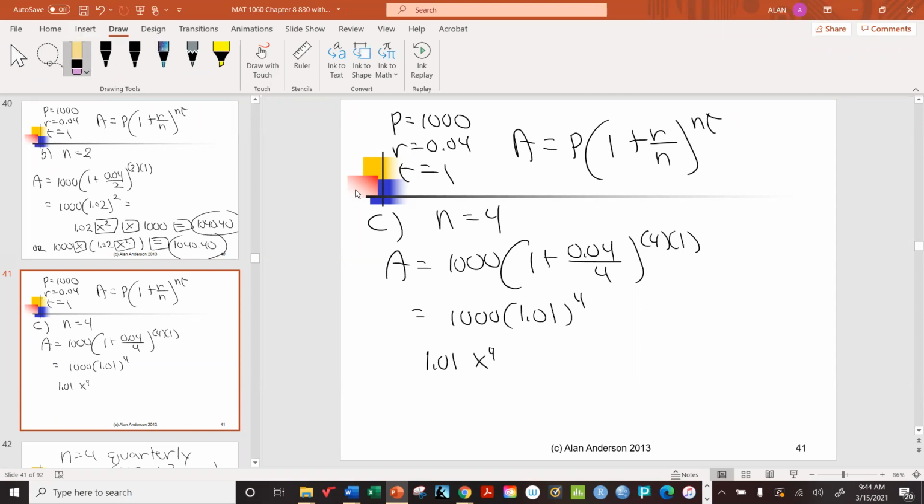Now remember, because there's no x to the 4th key, what you have to do is use x to the y. So it's 1.01 exponent 4, equals.